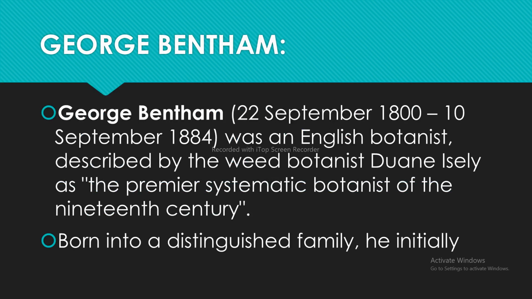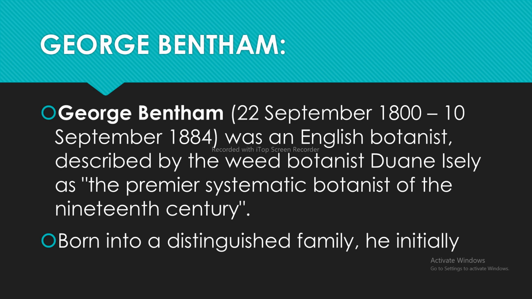George Bentham was born on the 22nd of September in 1800 and he died on the 10th of September 1884. He was an English botanist described by the botanist Daydon Jackson as the premier systematic botanist of the 19th century.